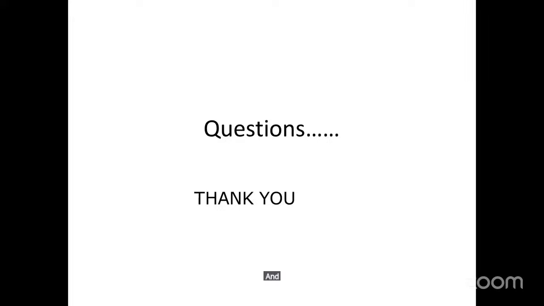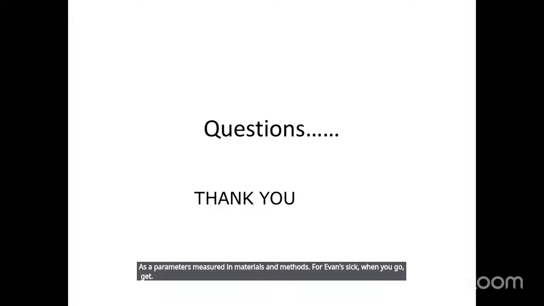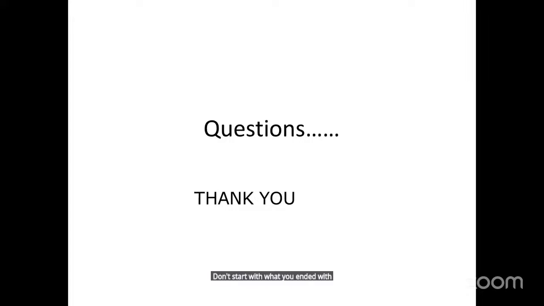And the flow, if you considered A, B, C, D as parameters measured in materials and methods, for heaven's sake, when you get to results, don't start with what you ended with. You still follow the same logic, and the same logic in the discussion. So it is good to always summarize in bullet points what you are going to write about.